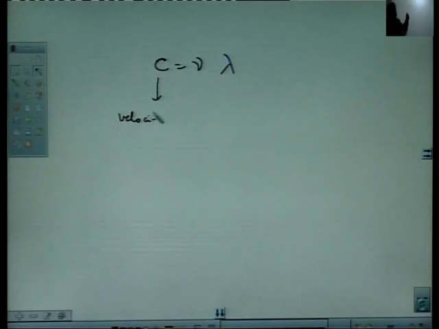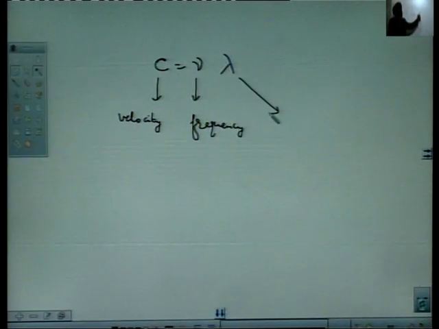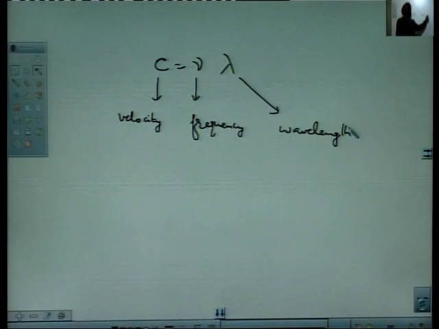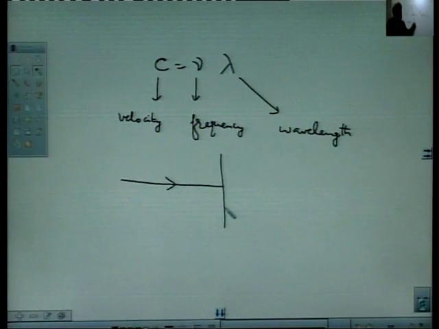Now, in case of light, we have a relation C is equal to nu lambda. C is the velocity of light, nu is the frequency, and lambda is the wavelength. When light strikes a reflecting surface, it comes back in the same medium.